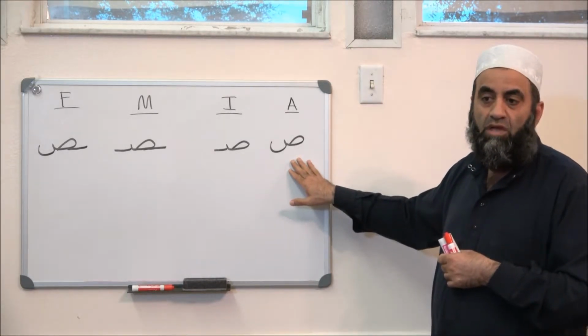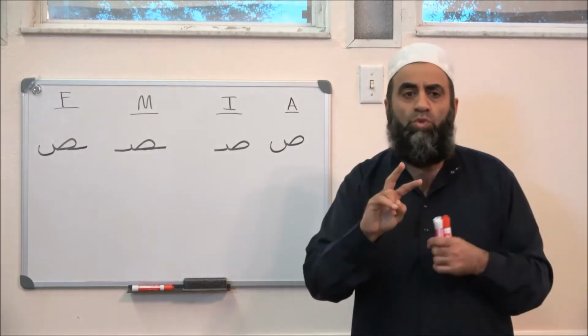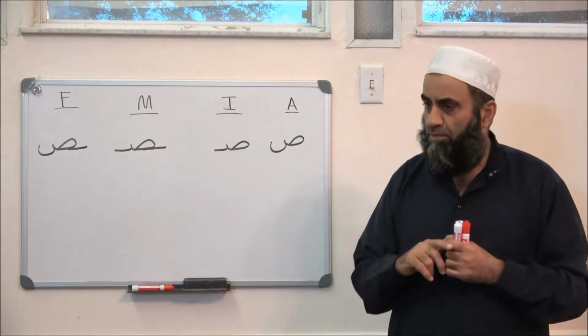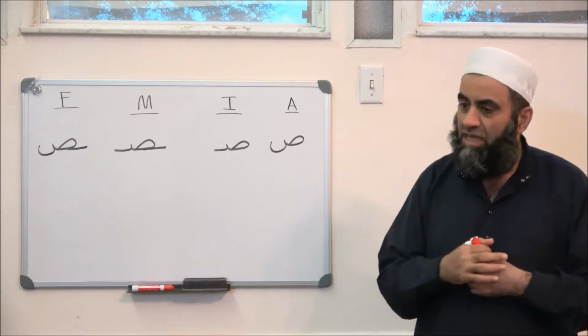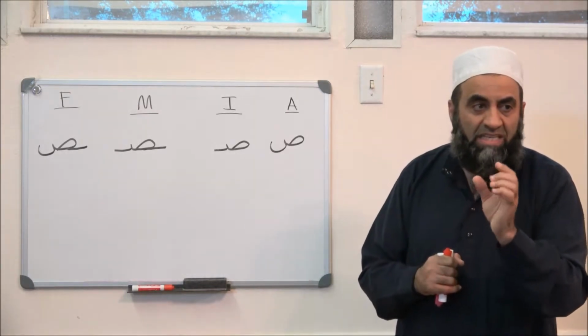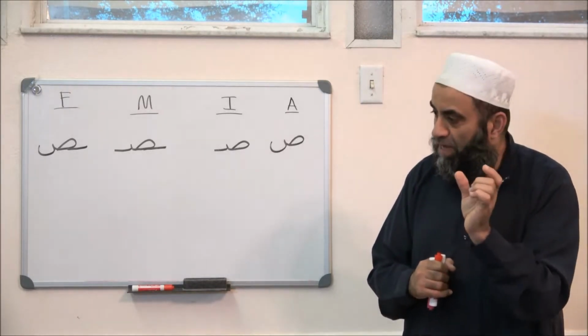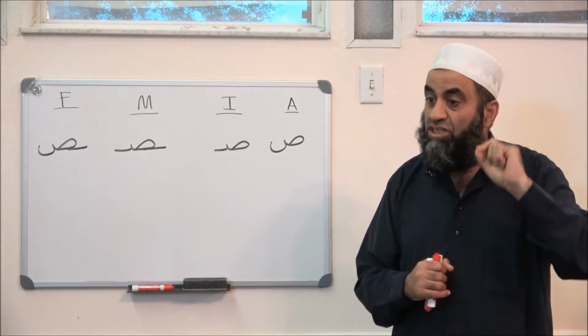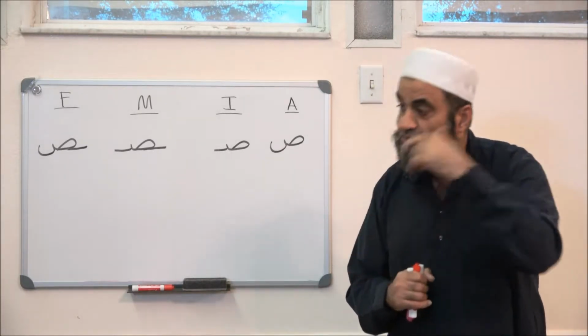So now we are seeing two cases in the Arabic language here. Case one is that we have letters that are similar in shape, how they are written, and the dots will differentiate one letter from the other.